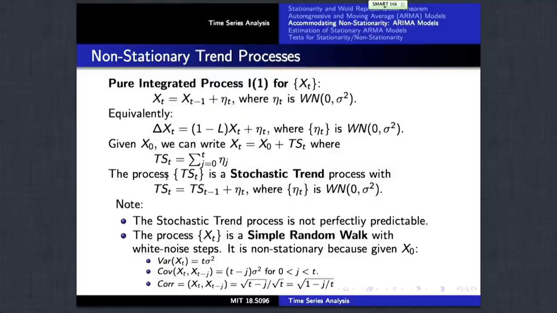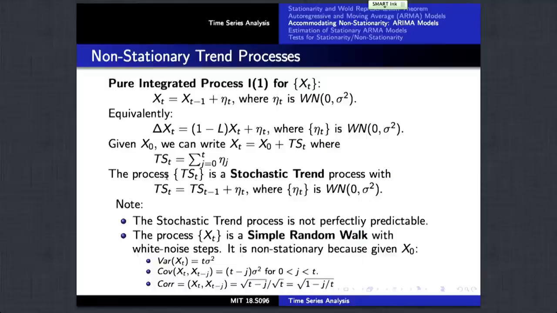It's easy to verify that if you knew the 0th point, then the variance of the t-th time point would be t sigma squared, because we're summing t independent innovations. And the covariance between t and lag t minus j is simply t minus j sigma squared. And the correlation between those has this form.